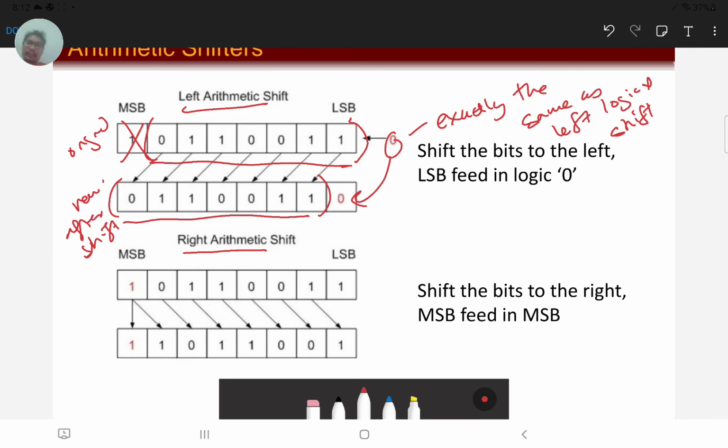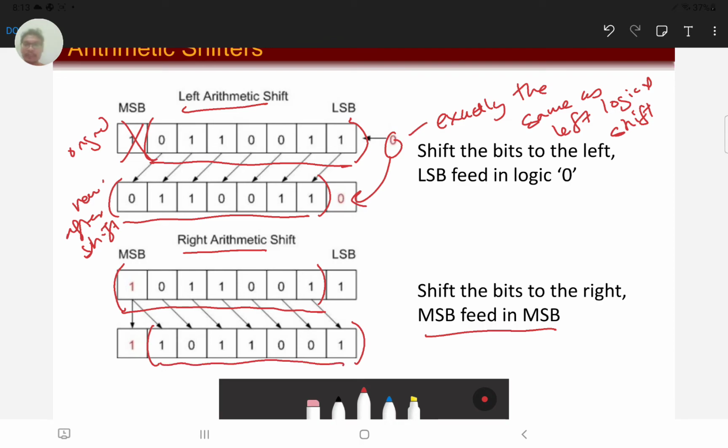What about the right arithmetic shift? This is different. The MSB actually feeds the MSB. We take the original, and these 7 bits we put to the right, so we are shifting the original to the right.